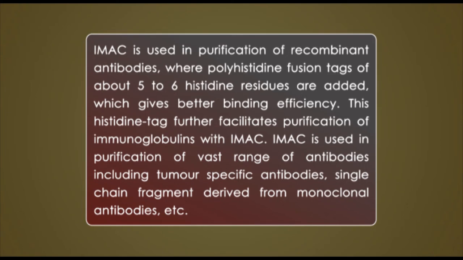IMAC is used in purification of recombinant antibodies where polyhistidine fusion tags of about 5 to 6 histidine residues are added, which gives better binding efficiency. This histidine tag further facilitates purification of immunoglobulins with IMAC. IMAC is used in purification of a vast range of antibodies including tumor-specific antibodies, single-chain fragments derived from monoclonal antibodies, etc.